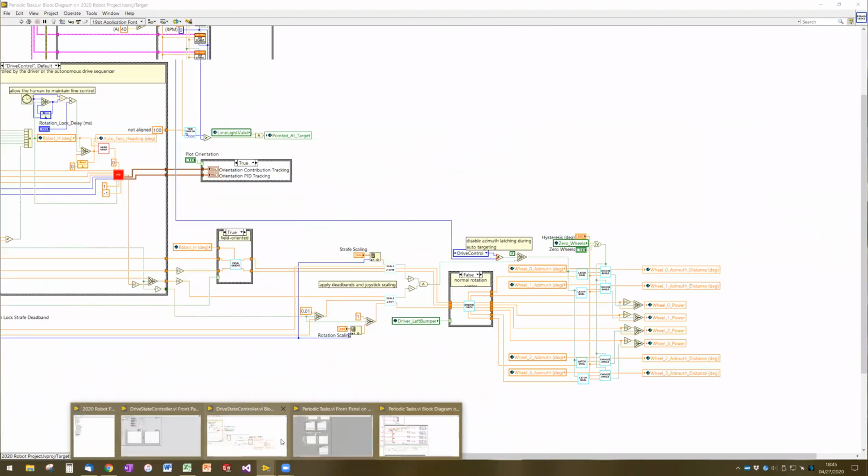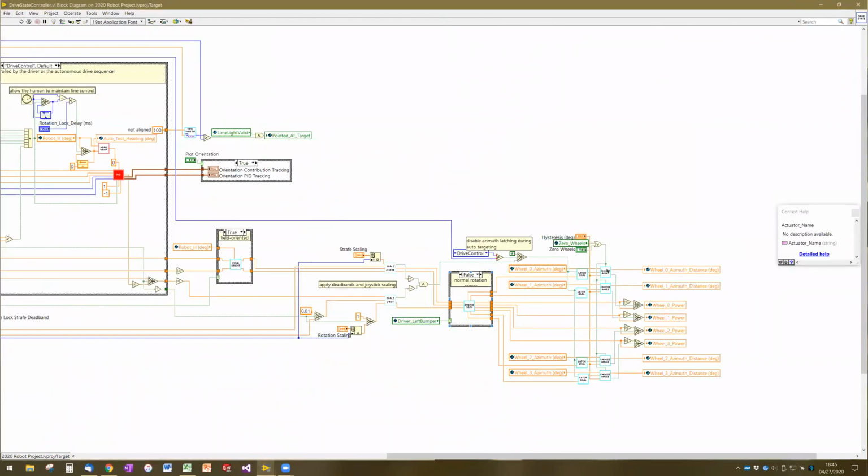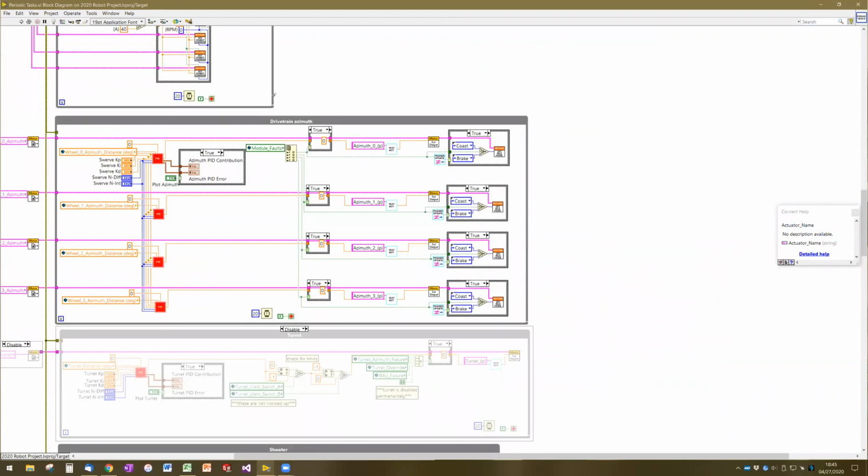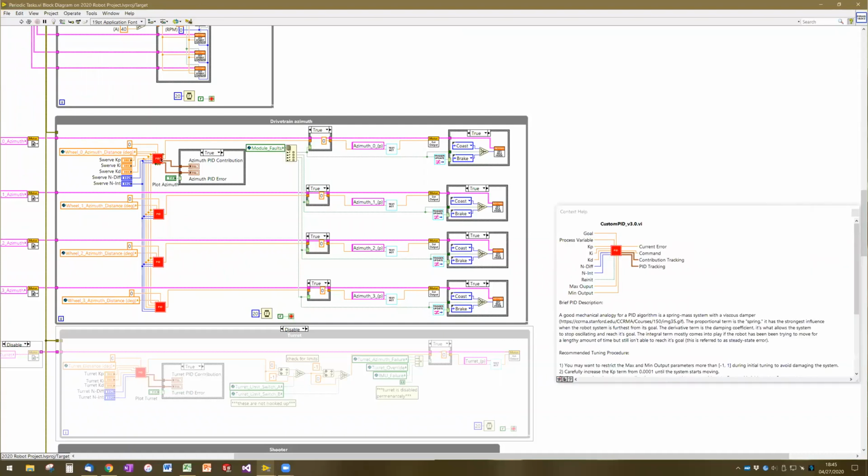So the output of this chose angle block goes into the global variable wheel 0 azimuth distance, and that comes out here in the actuator loop going into the PID controller, which will then set the power for the Swerve modules.